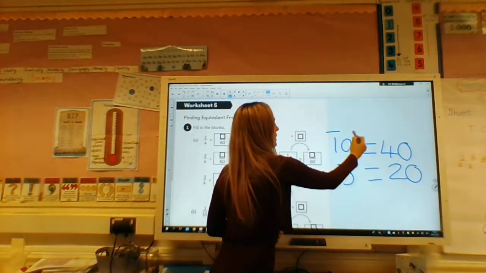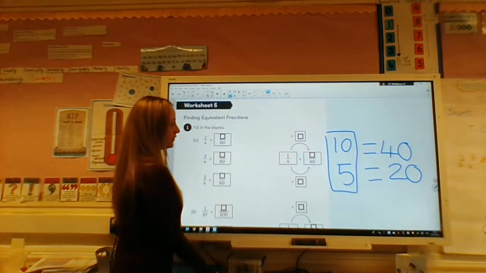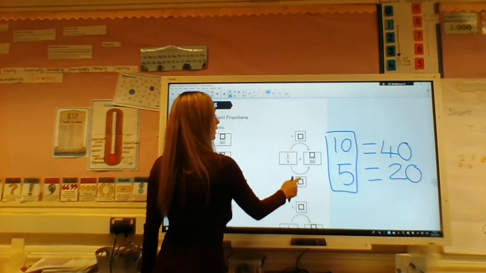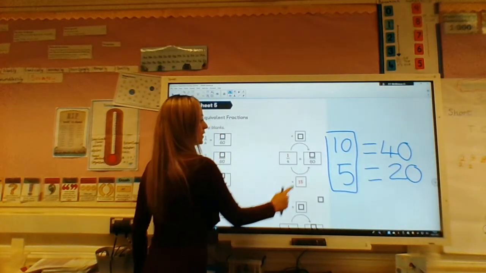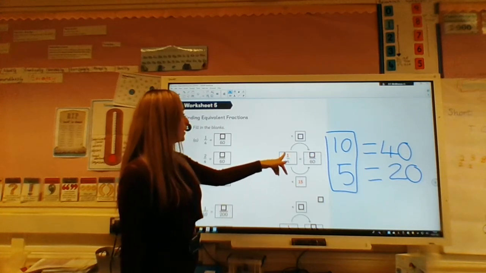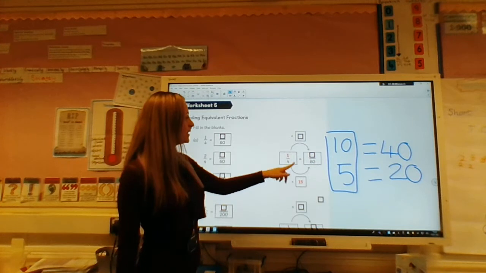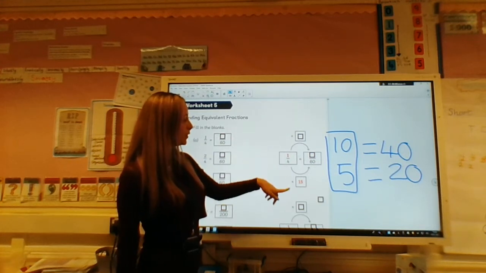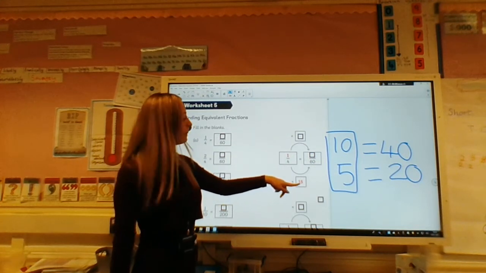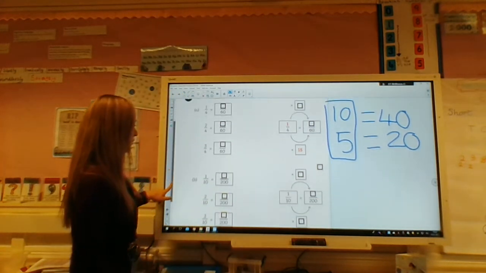So we just put these two numbers together. 10 and 5 is 15. So actually, to get from 4 to 60, you've got to multiply it by 15. So what is 1 times 15? And that will give you the answer there. The reason that we're timesing by 15 is because we multiplied by 15 on the bottom, so we have to multiply by 15 on the top.